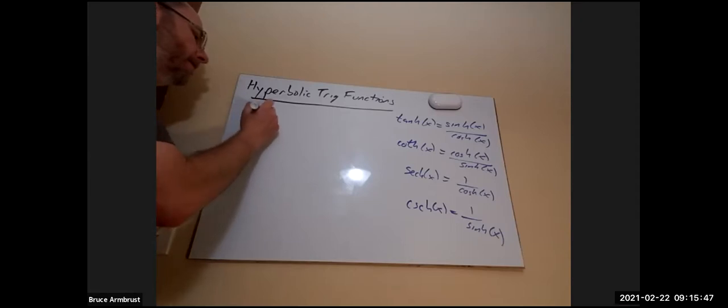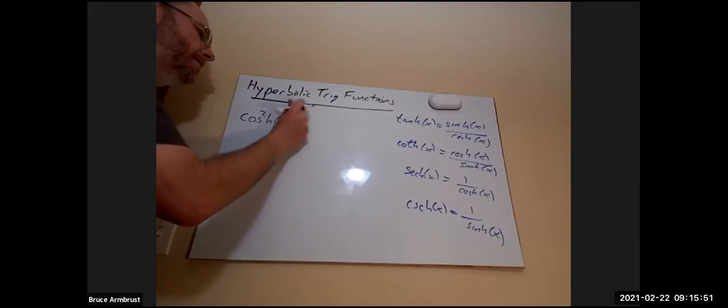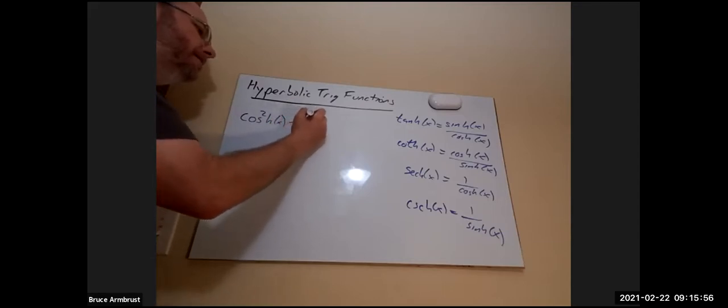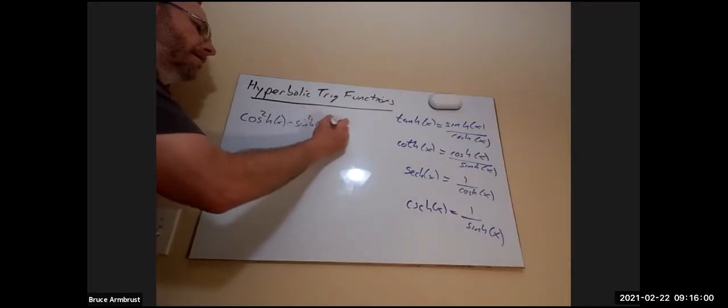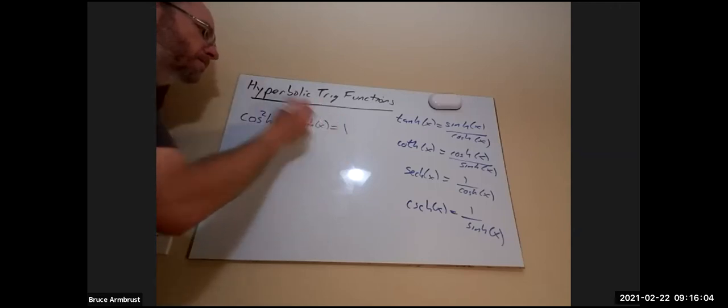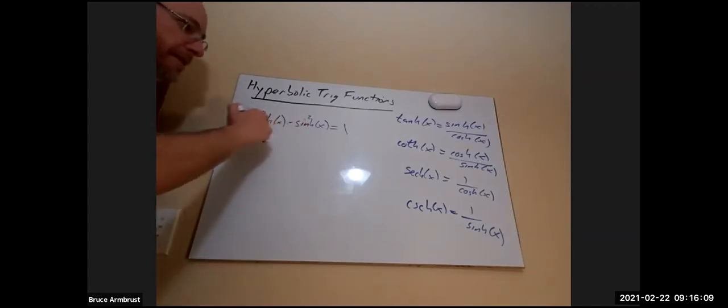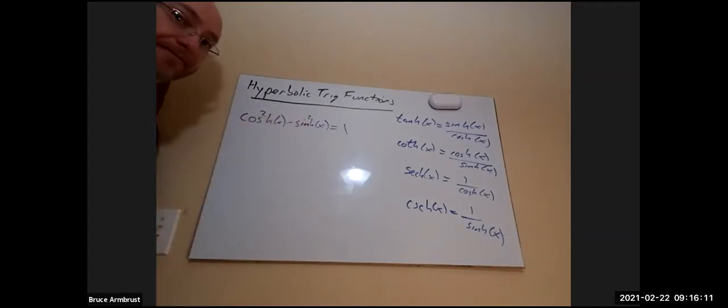It's cosh squared minus sinh squared equals 1. So we put the squares in here, just like we do on sine and cosine. Okay, but this is the hyperbolic cosine squared minus the hyperbolic sine squared equals 1.